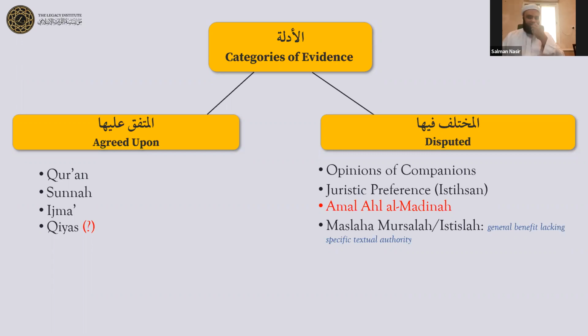How do we define Istihsan? Which I'll get to in a moment. But the school that is most famous for its use of Istihsan is the Hanafi school, followed by the Maliki school.